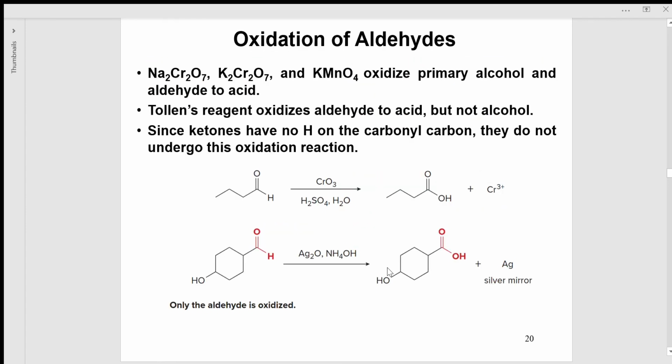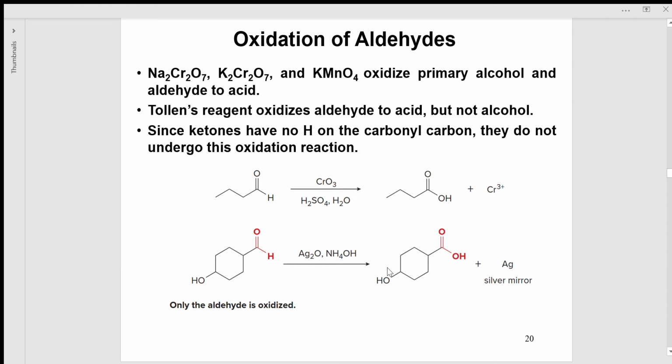Well, let's take a look at oxidation reactions. The oxidation is pretty simple, and we are not going to discuss all the details. Basically, all the oxidation reactions are similar to the alcohol oxidation reactions we learned, I believe in chapter 11 before.